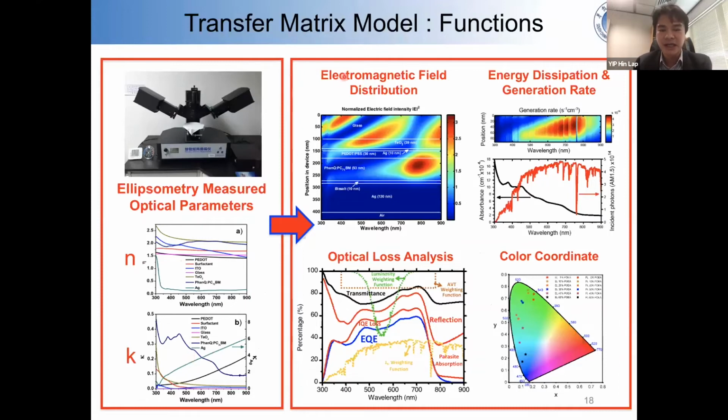Then we apply them into this model, and we will be able to analyze the electromagnetic field and the exciton generation profile within the active layer, and also do the optical loss analysis for the whole device. We can even analyze the color properties of the device.